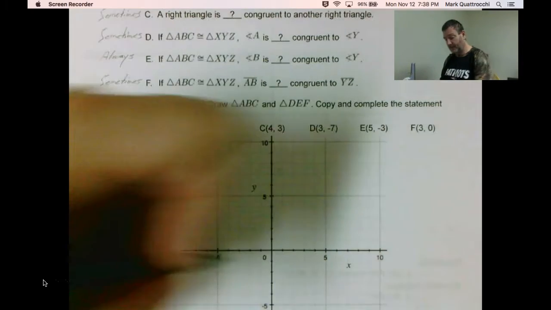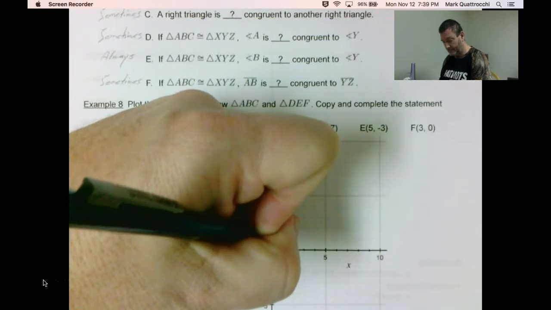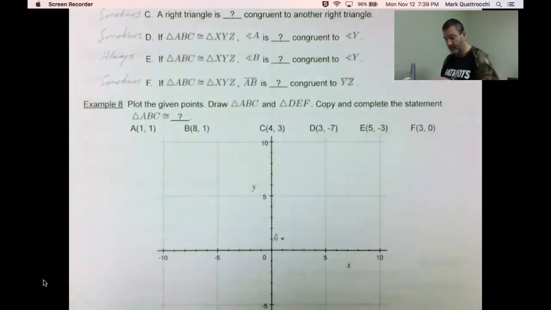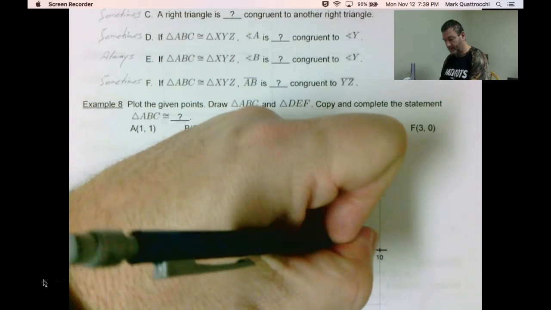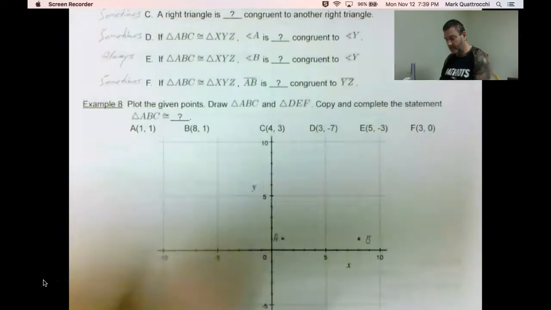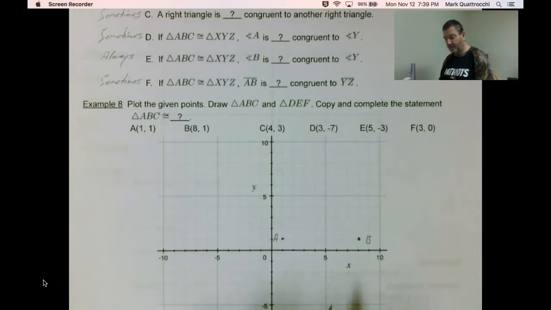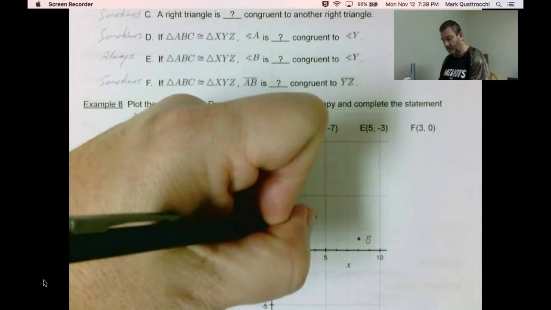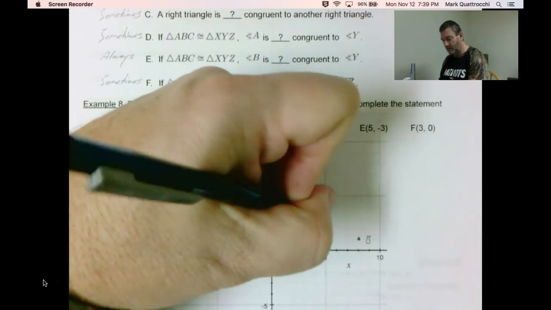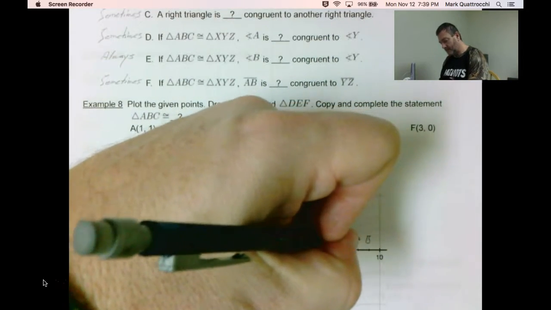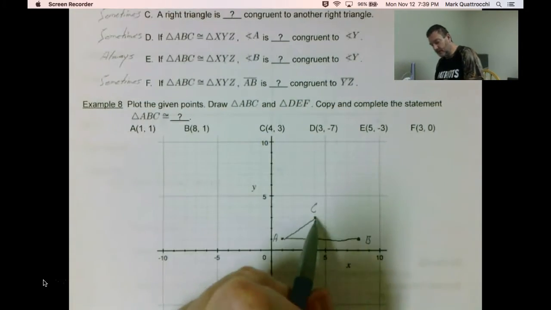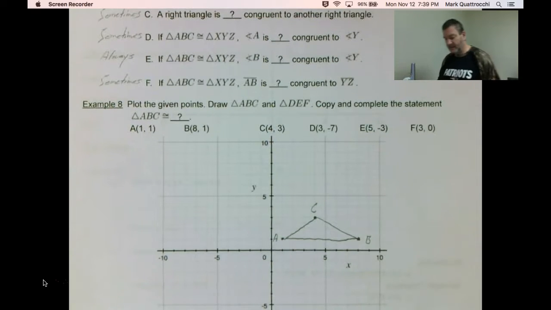So let's plot. A is at (1, 1). B is at (8, 1). C is at (4, 3). There's point C. And here's triangle ABC.